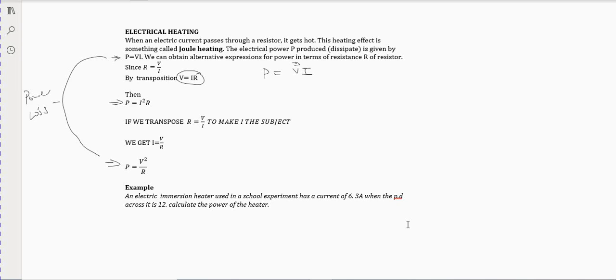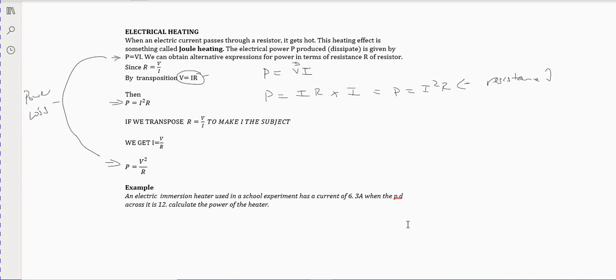So we're left with this. Subbing V equal to IR into this equation, I times R times I gives me P is equal to I squared times R. So that's how we get this equation in terms of resistance.